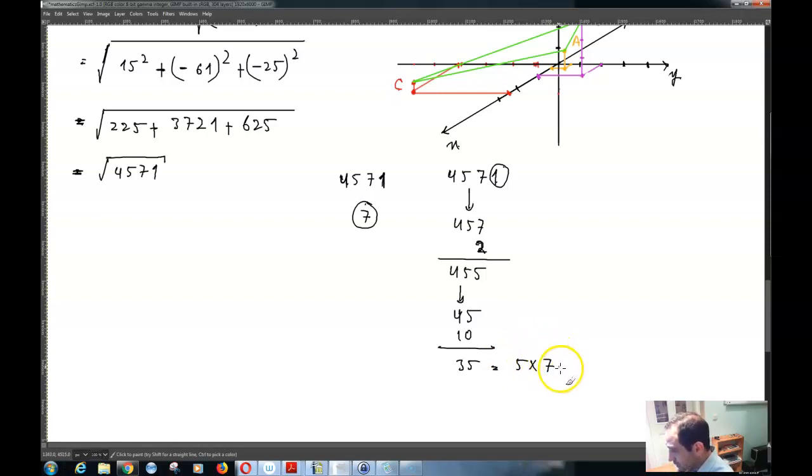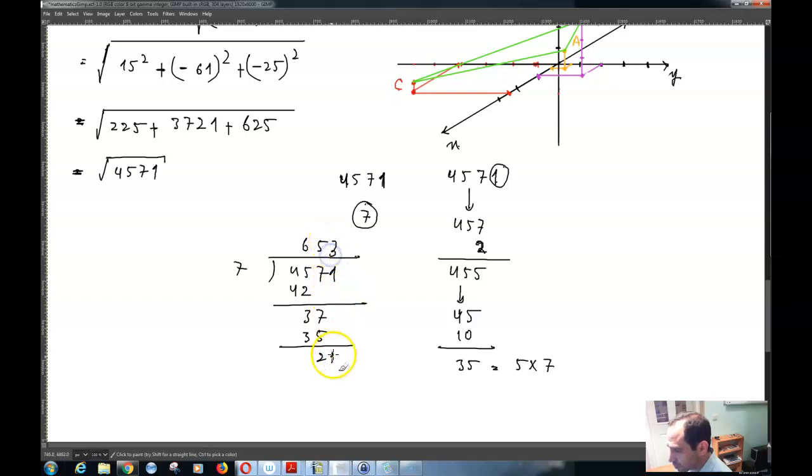So what that means is that if I take my number 4571 and divide it by 7, I will get: 7 times 7 is equal to 49, 6 times 7 is equal to 42, 5 times 7 is equal to 35, and 3 times 7 is equal to 21, remainder 0.